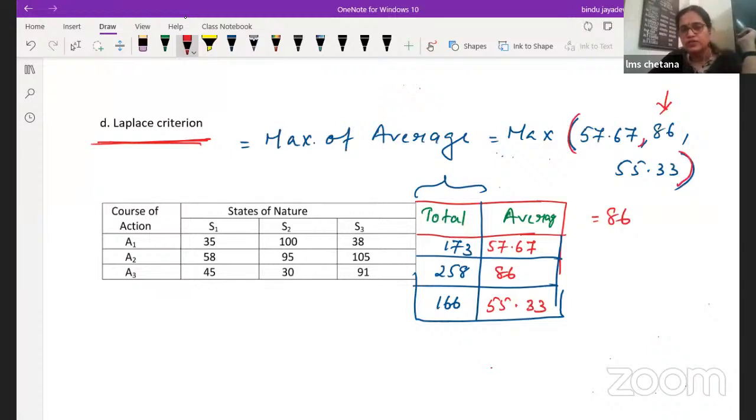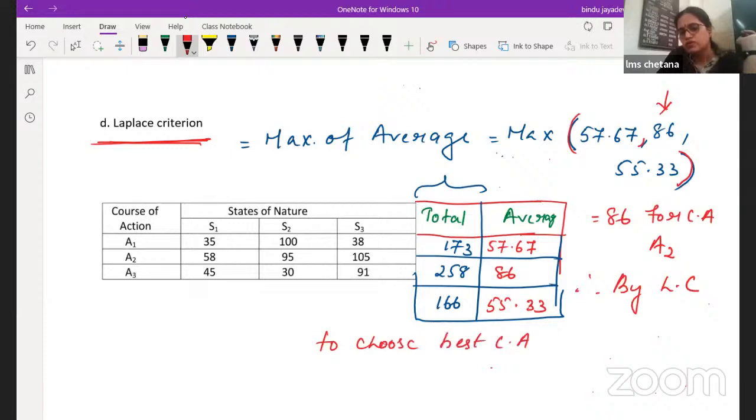In the second line, what is the course of action? A2. That means course of action A2. Therefore, by Laplace criteria, the best course of action to choose is A2. Complete.